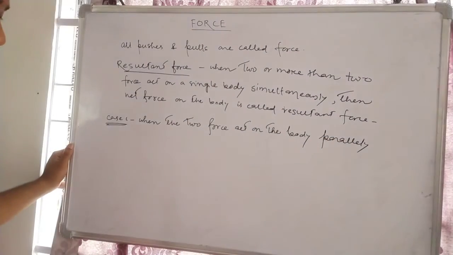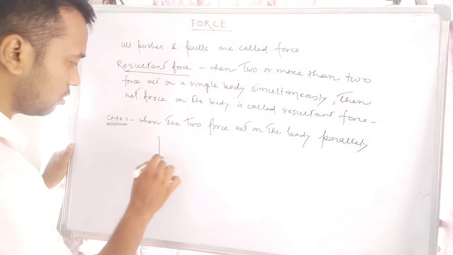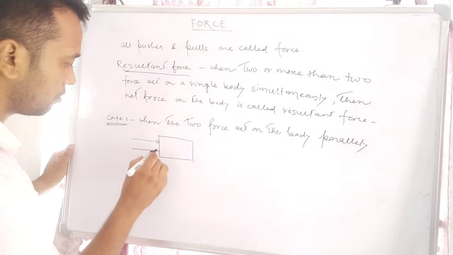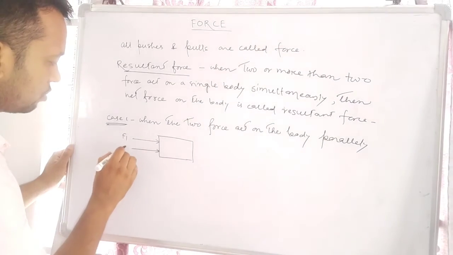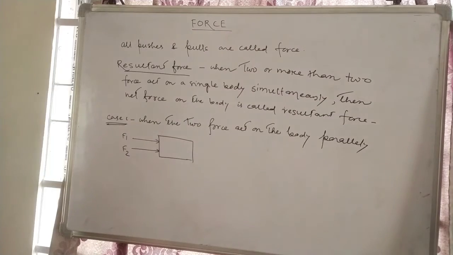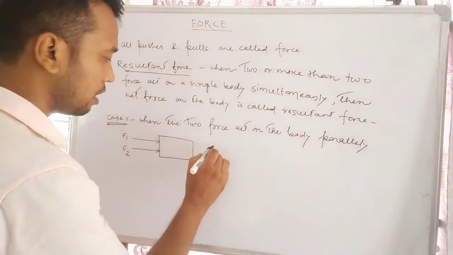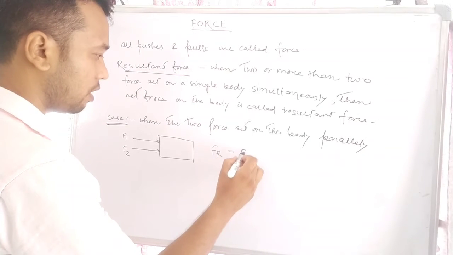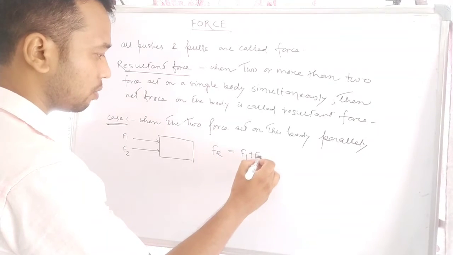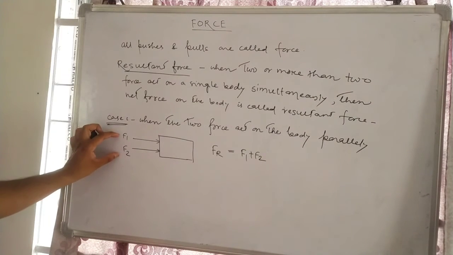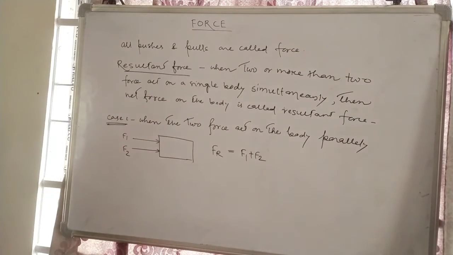When they act parallelly means, suppose this is our object, these are the two forces which act along the same direction on the body, then the resultant force Fr, R stands for resultant, so Fr will be equals to F1 plus F2. We can simply add these two forces to get the resultant force.